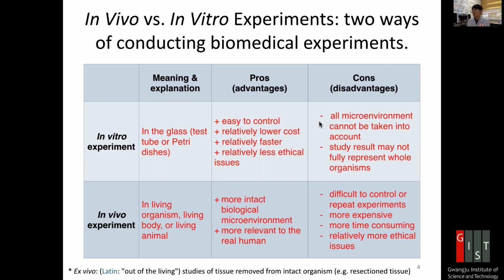In vitro approaches are easy. You see the cells growing in the media, you apply a drug to see how many cells are dying. However, this is not mimicking the real microenvironment. So the whole microenvironment cannot be taken into account.